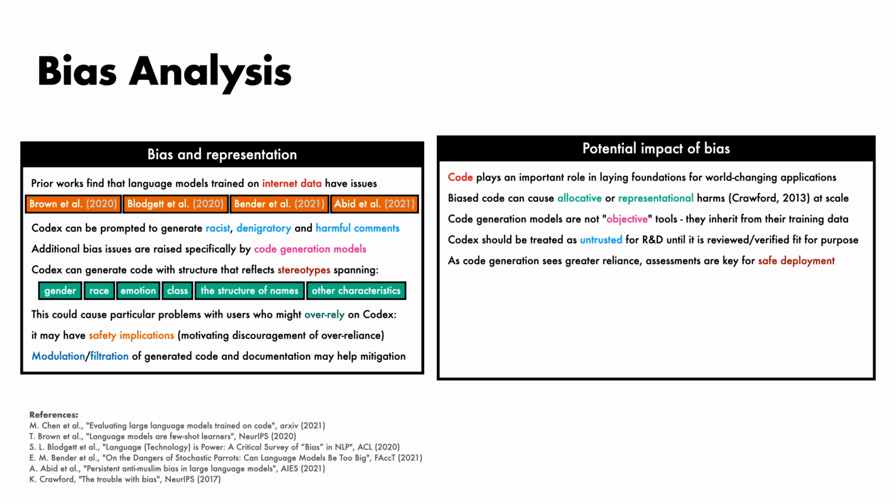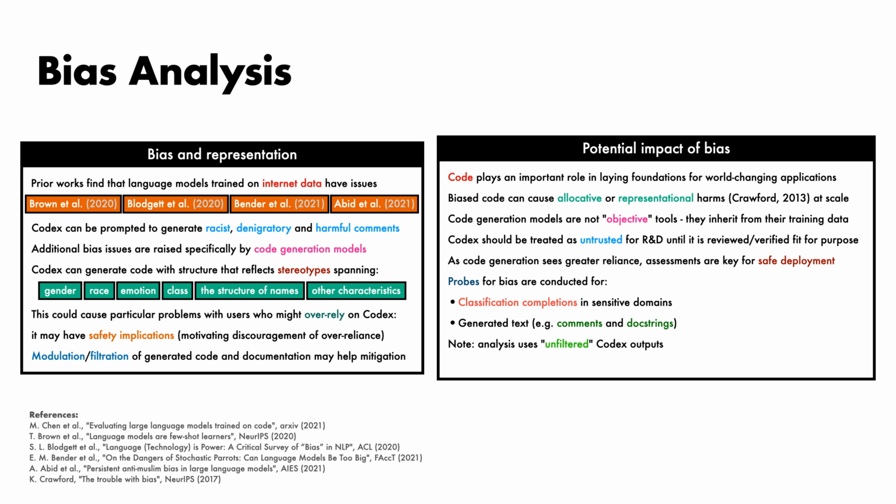As code generation models such as Codex grow stronger and see greater reliance, assessments for issues such as bias are key for safe deployment. To this end, probes for bias are conducted and discussed in detail for classification completions in sensitive domains and generated text, such as that which occurs in comments and docstrings.